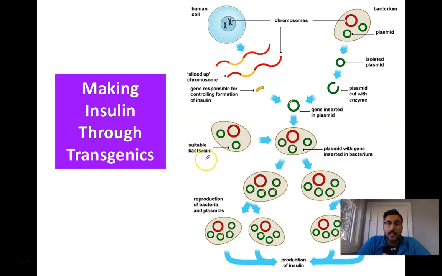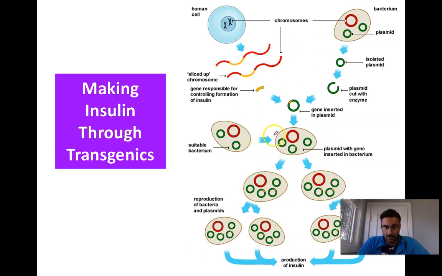Transgenics is the term used to describe how we take a modified gene and insert it into a vector or a virus of some sort, and then put that virus into an organism that we want to show that modified trait.